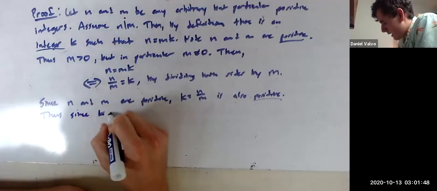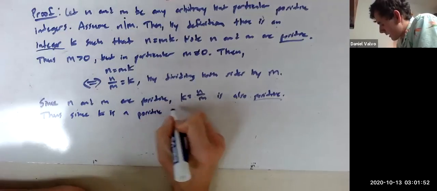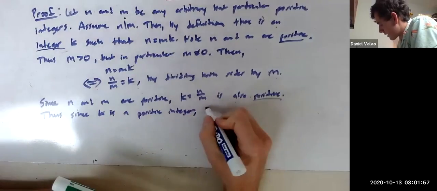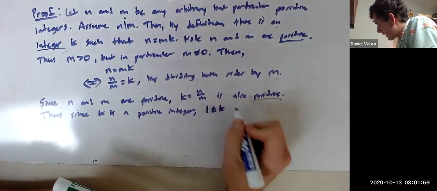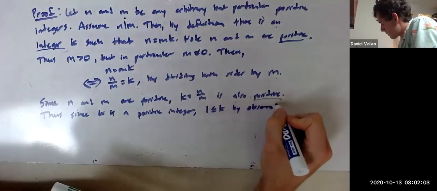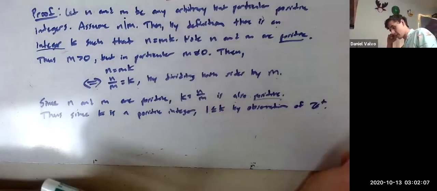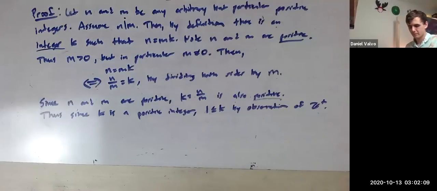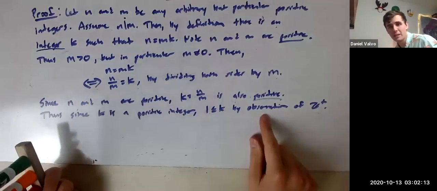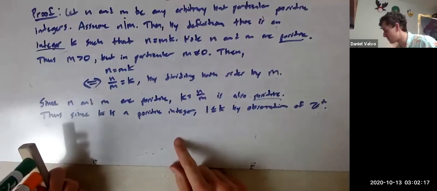Since k is a positive integer, 1 is less than or equal to k by observation of Z plus. Meaning we looked at Z plus and saw that 1 is the furthest one on the left, basically. 1 is the smallest.